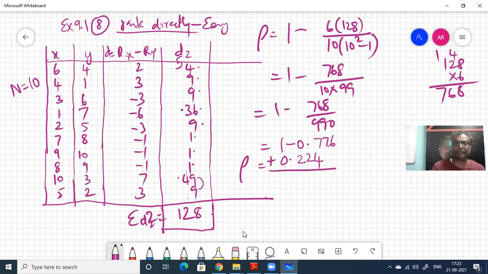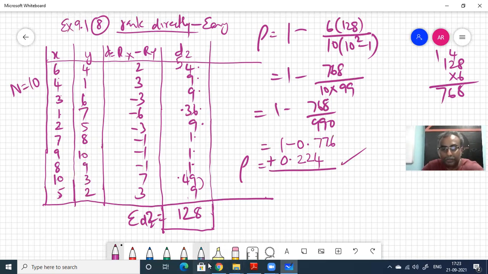So there is a slight positive correlation. If this increases, that also increases. In commerce and accounts, it is slight, not very heavy. If 0.9 comes, it means it's very heavy. Okay, so the 8th sum is also over.